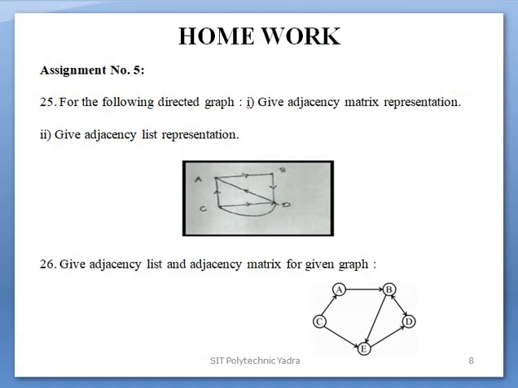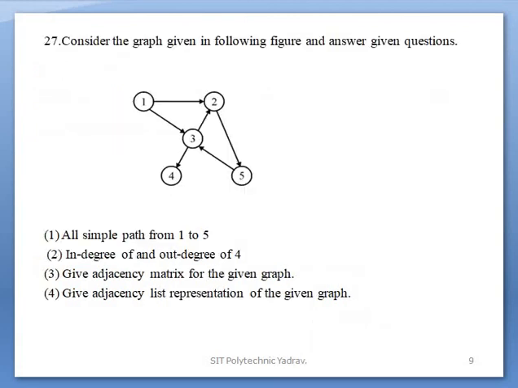Continue with assignment number 5. It says: for the following directed graph, give the adjacency matrix representation and adjacency list. These points are important, do not ignore them. Question 27 is also clear: in the given graph, write all simple paths from 1 to 5, only the path, meaning the edges list will be displayed.